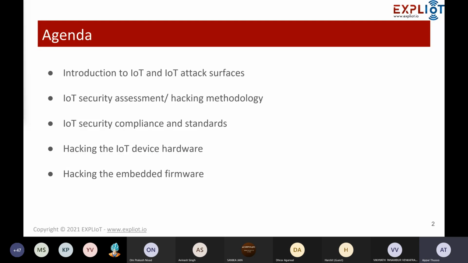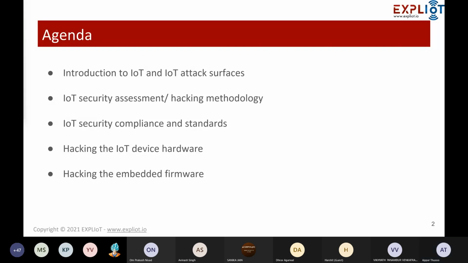For today, we have kept our agenda very crisp and clear. It is going to be an introduction to what IoT is, which I'm sure a lot of you already know. What are the IoT attack surfaces that an attacker can target in order to get access to the device? Then what goes on behind the scenes: what is IoT security assessment or hacking methodology?